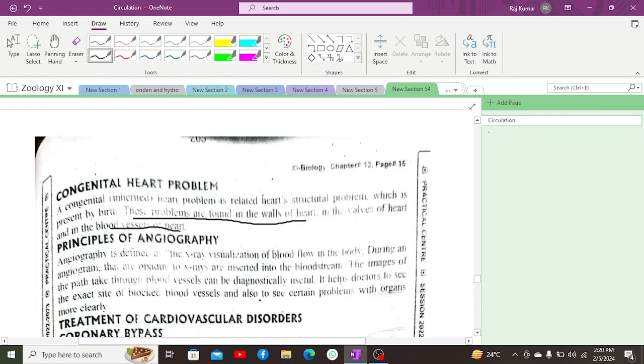These are two conditions in congenital heart problems which lead to cyanosis, such that there are several openings at the embryonic stage. Instead of the interatrial septum, there are two walls, known as septum primum and septum secundum, which separate the right and left atrium.